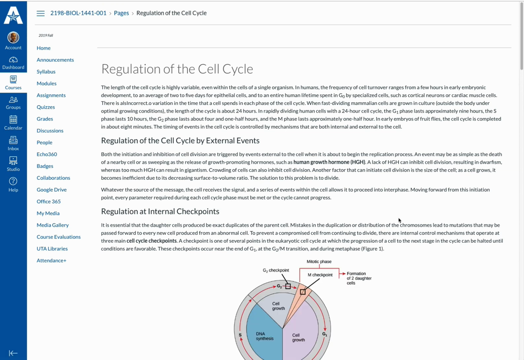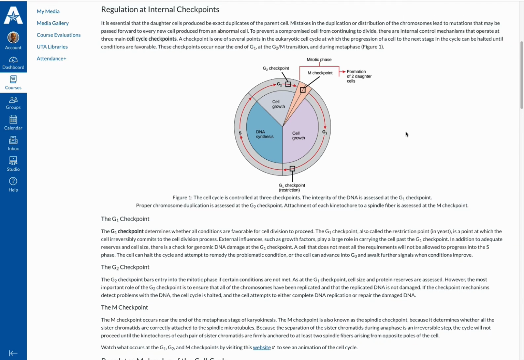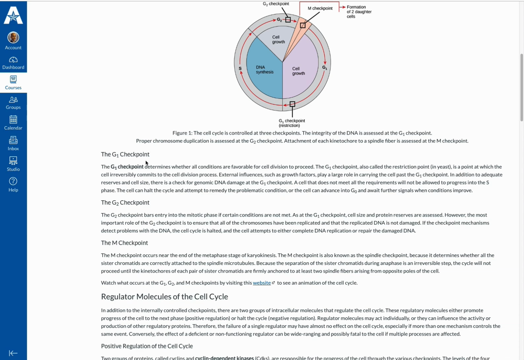Okay, so there's various ways to regulate this cycle, and we call these checkpoints where the cell cycle is regulated. And there's several of them. There's three main ones you should know: the G1, G2, and M checkpoints.